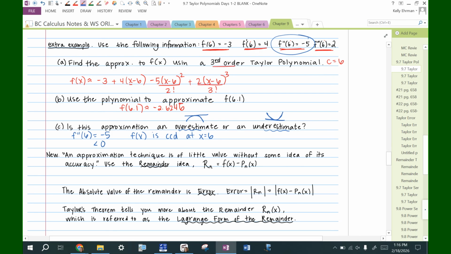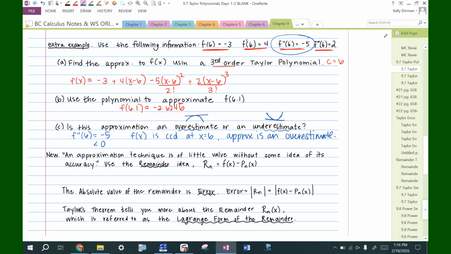And so because we are approximating 6.1, which is near that point of tangency, we can say that our approximation is an overestimate. Meaning, graphically, if I could graph f of x and my curve, my Taylor polynomial, it should be sitting above the actual point at 6.1.